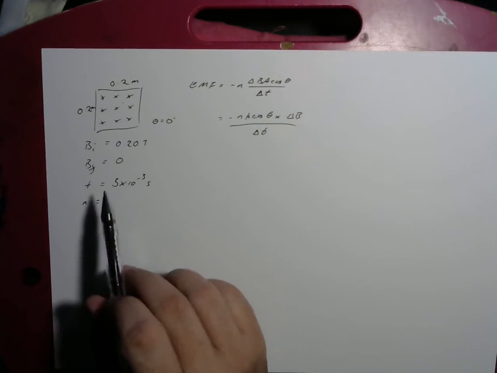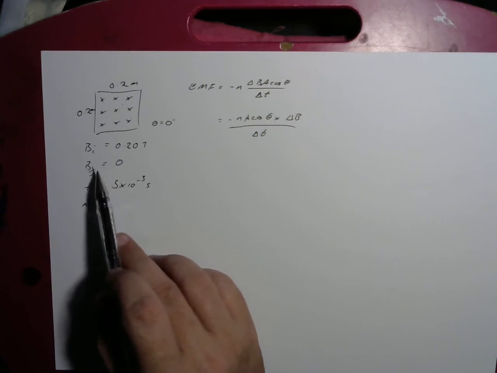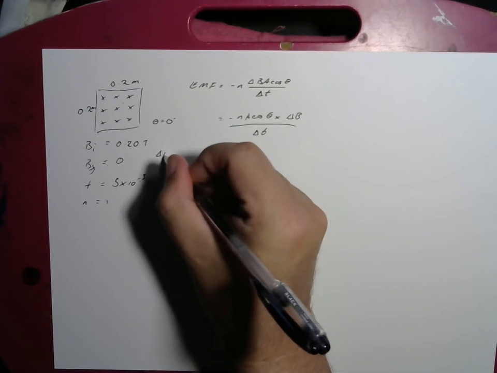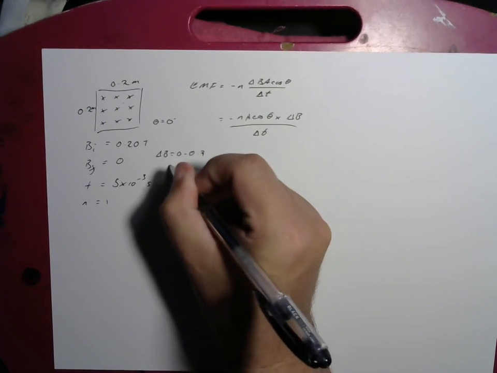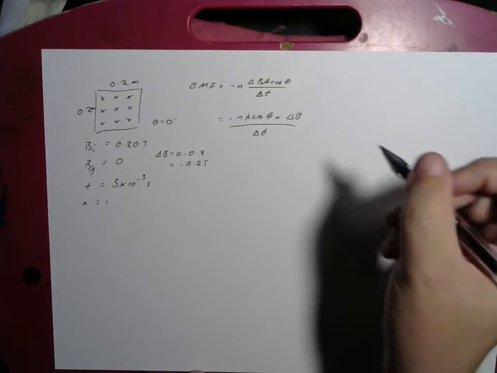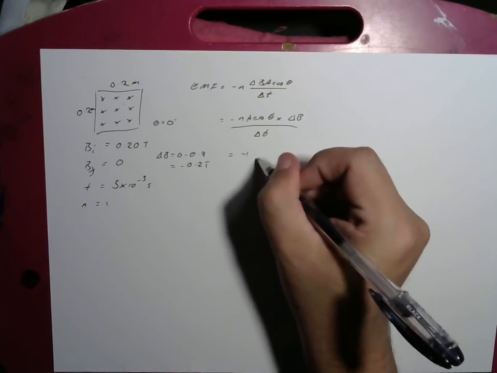Okay. In this case, our change in B is going to be equal to 0, take away 0.20, so delta B equals 0 take 0.2 equals negative 0.2 Tesla. So, let's substitute. Negative 1 times our area.